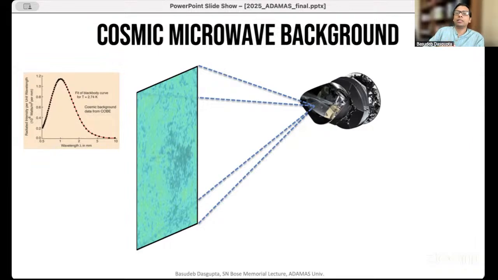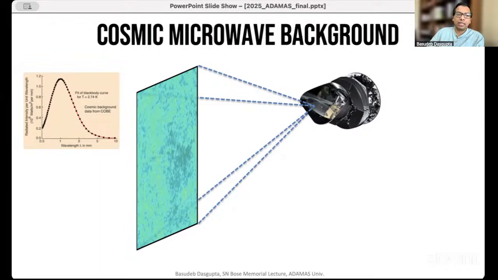The fact that there is this last scattering surface with an almost perfectly uniform temperature, no matter which direction you look at, tells us that this picture of a hot Big Bang is true, that the universe was hotter and denser in the past and then became cooler and neutral later on.